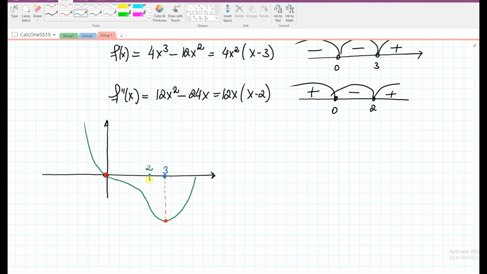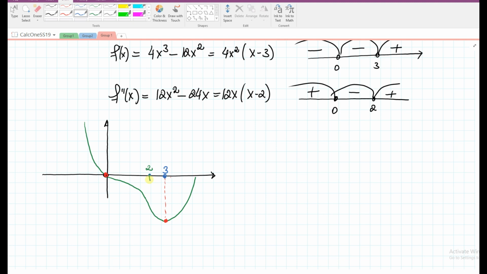One more time. Before the 0, the function is decreasing and it's concave up, right? Because here is plus, right? It means that it should look like this. After the 0, it's still decreasing, but it's concave down now, right? It should be like this until the 2. And after the 2, it's concave up, right?